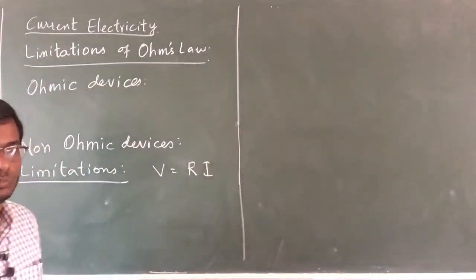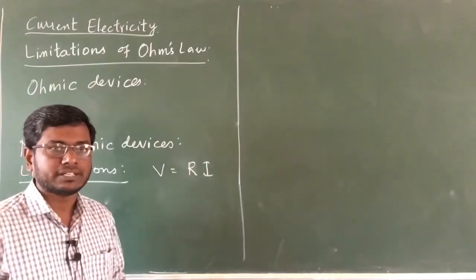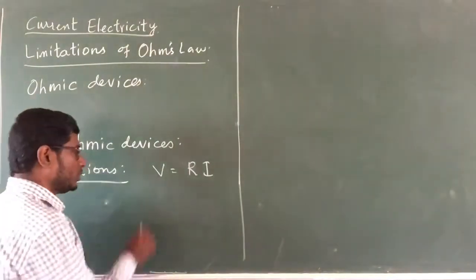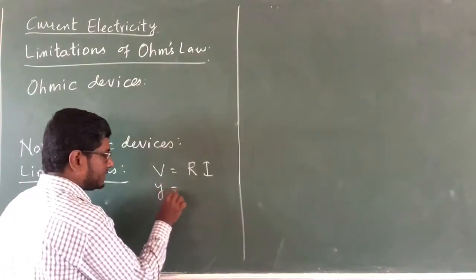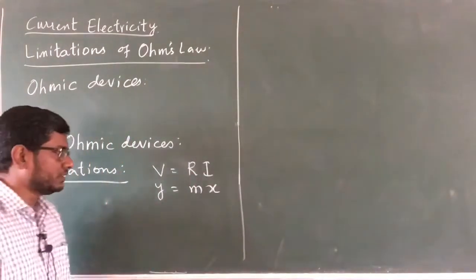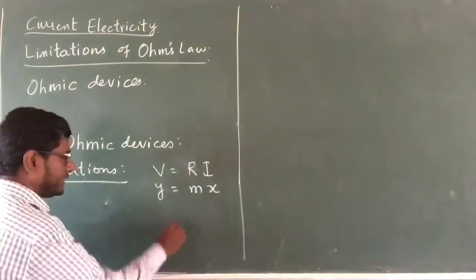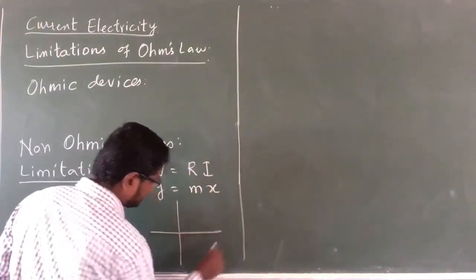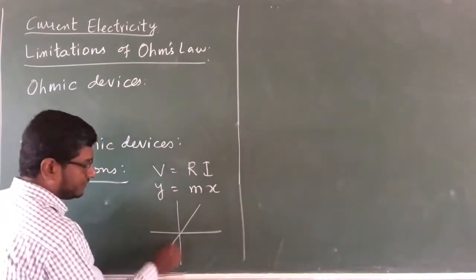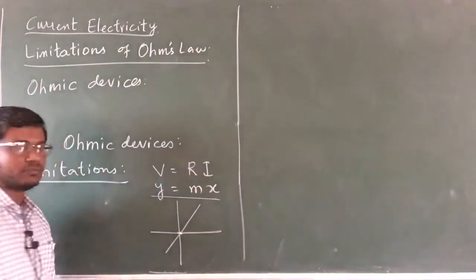Now, a similar equation you have seen in mathematics in the first year as well: y is equal to mx. This equation represents a straight line. If I draw a line on a graph and it crosses the origin, I can write it as y equal to mx.